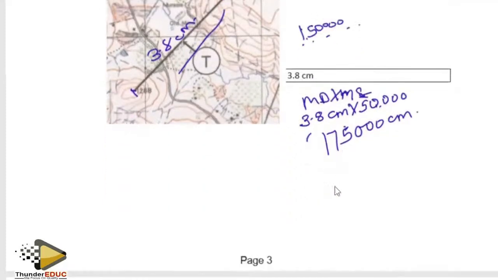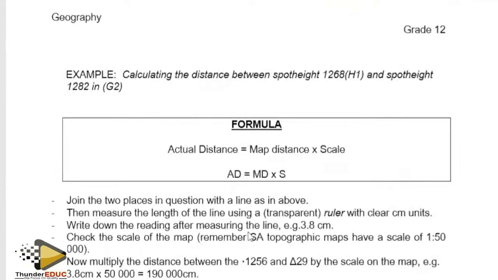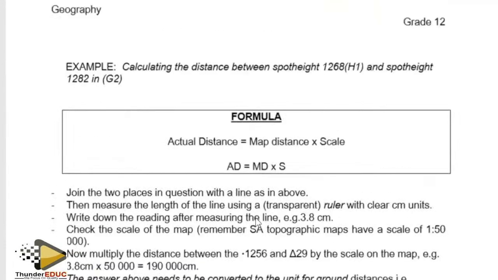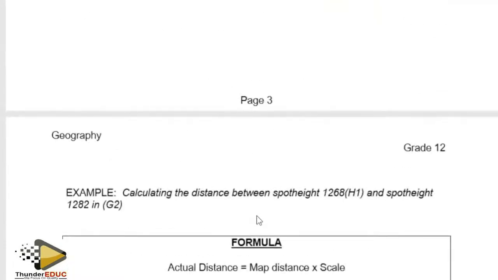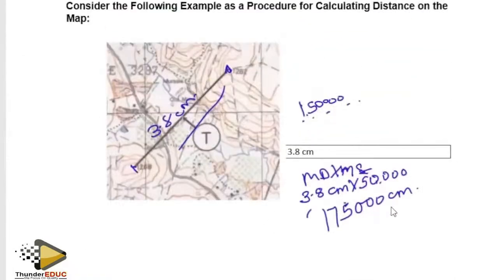But according to the question, the examiner wants the answer in kilometers. Okay. The examiner wants the answer in what? In kilometers. What shall we do? We shall say that this answer you got here, divide it by 100,000.